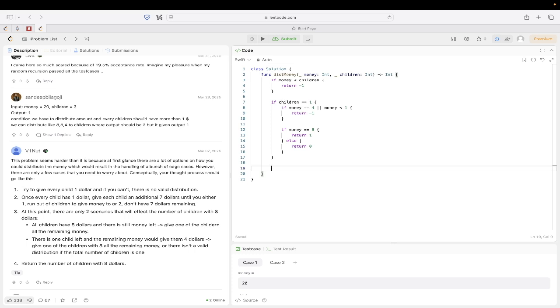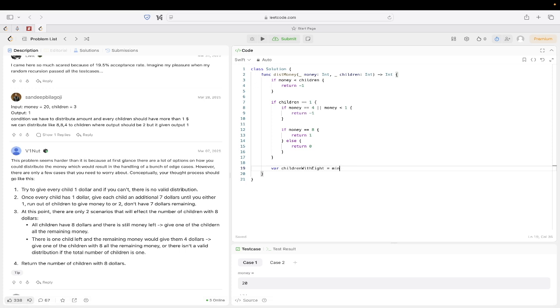So the variable will be, we need to keep track of how many kids we can give 8 to. So var children with 8, and we can just use the min right now.